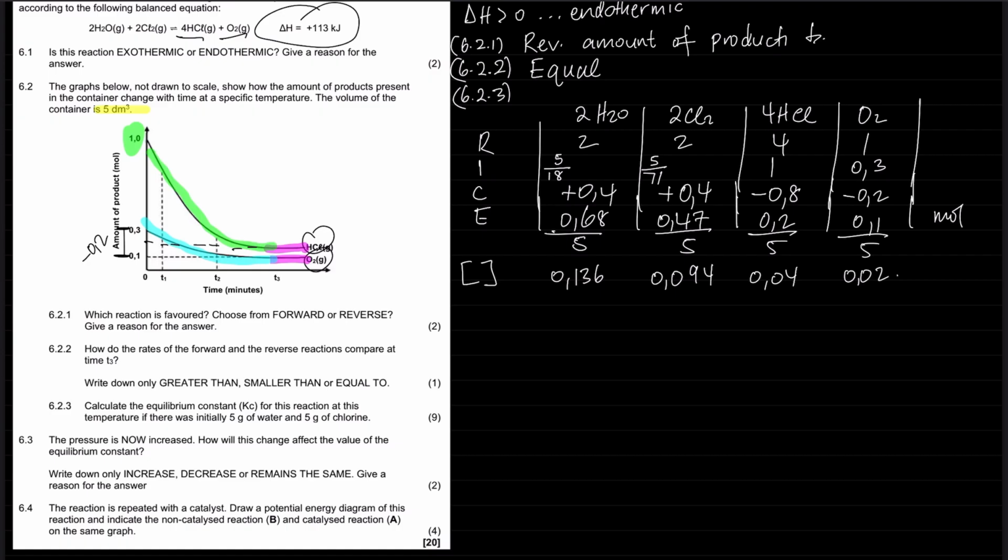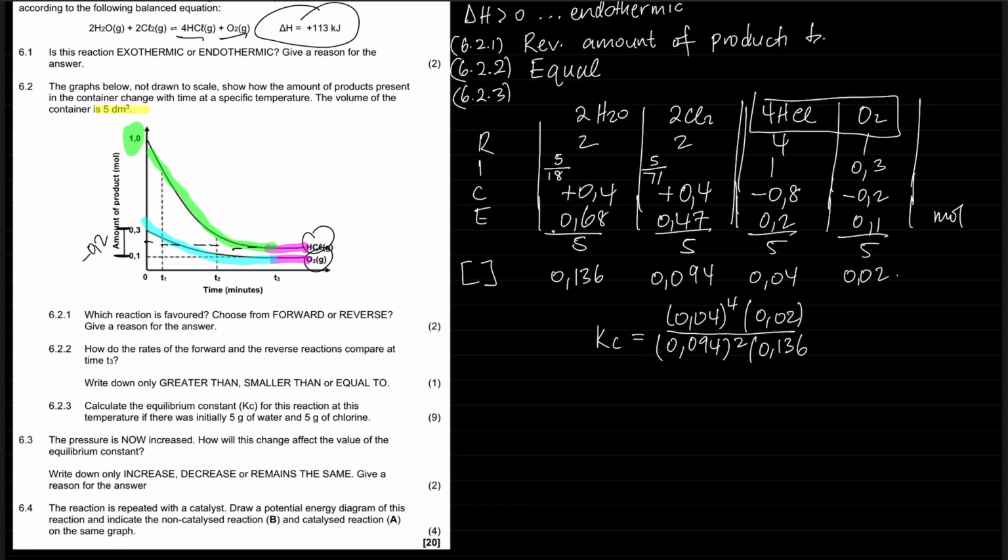Now that we have the concentrations, we can calculate the Kc. So Kc is going to equal the concentration of products. Remember, the products are these. So 0.04 to the power of 4 multiplied by 0.02 to the power of 1 divided by 0.094 to the power of 2 and 0.136 to the power of 2.